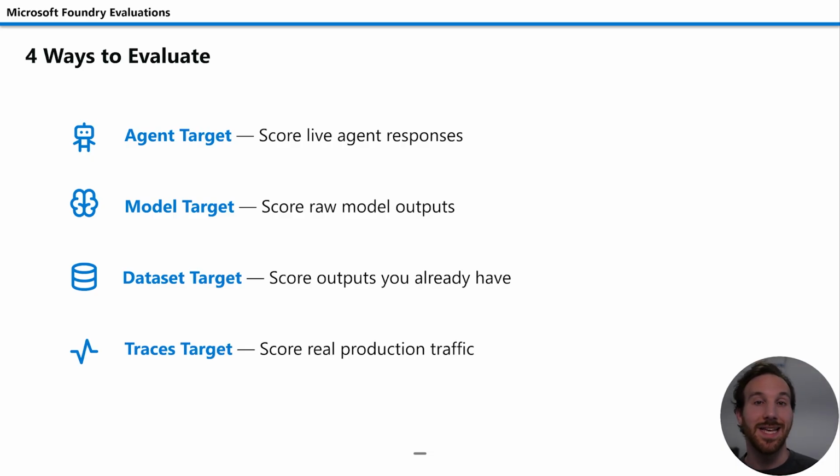Traces is the last one, and this one is all about measuring production traffic. So things that are within your Application Insights instance, if you are keeping track of how well your AI solution is working, the traces evaluations allow you to look back at the outputs that have taken place in production and run evaluations on those outputs.